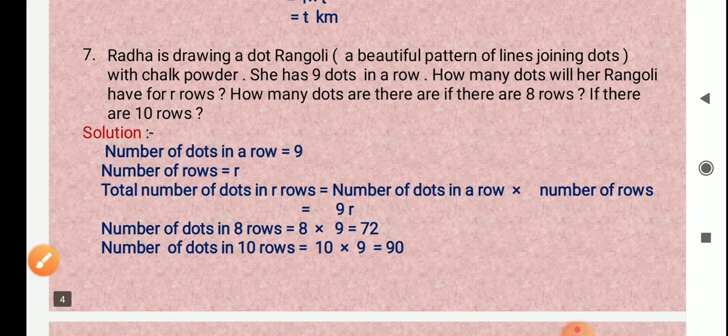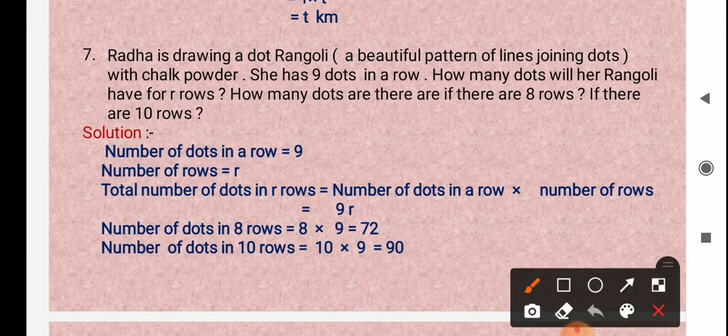So look here, let's see solution of this word problem. Here number of dots in a row is 9 and here we have to find the rule for R rows. So number of rows are R. Now we have to find here how many dots will her rangoli have for R rows.